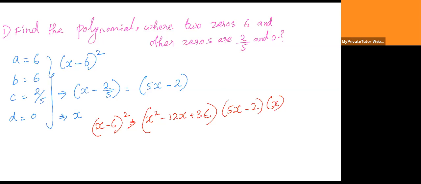How many zeros we have? We have 4 zeros, so obviously we are going to get a 4th degree polynomial. We have a 2 here already, square, one more here, one more here. So obviously we're going to get the 4th degree polynomial.